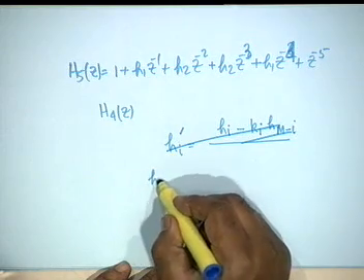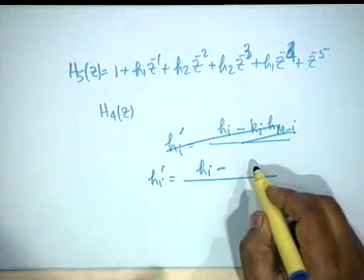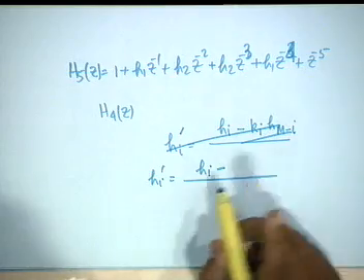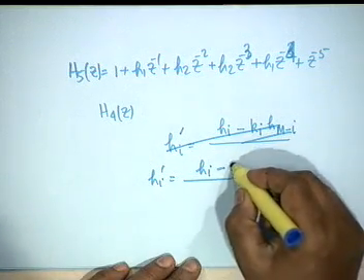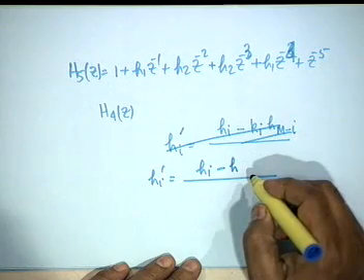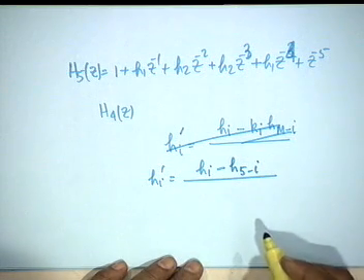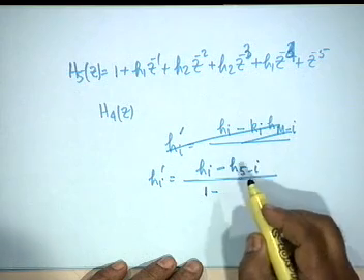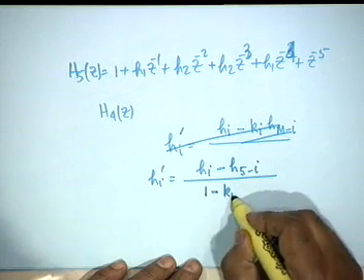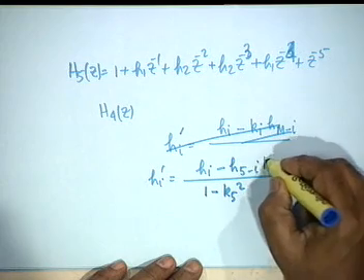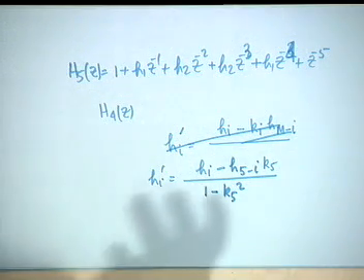So let us say Hi prime equal to Hi minus K4, which is 1, not K4, K5, which is plus 1. So it will be H5 minus i divided by 1 minus K5. Okay, let's write this K5.